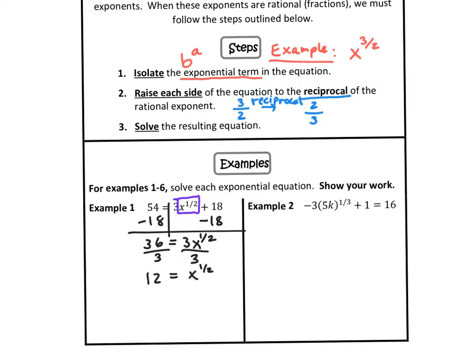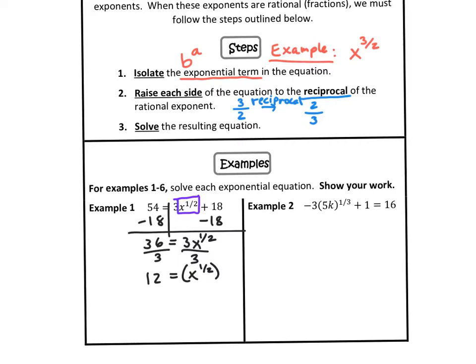Okay, so we've completed step 1. Step 2, raise each side of the equation to the reciprocal of the rational exponent. So this is the rational exponent, 1/2 is the fraction. What's the reciprocal of 1/2? Well, we just want to take this fraction and flip it. So what's 1/2 flipped? Correct, it's 2.